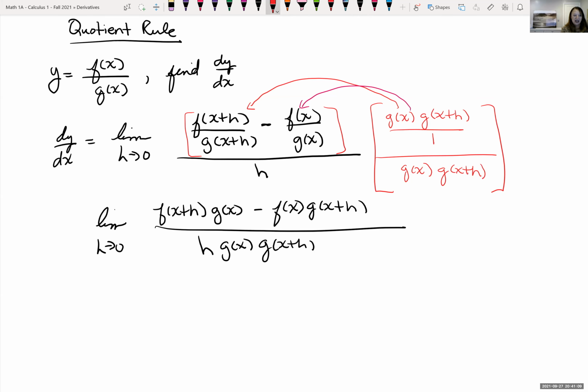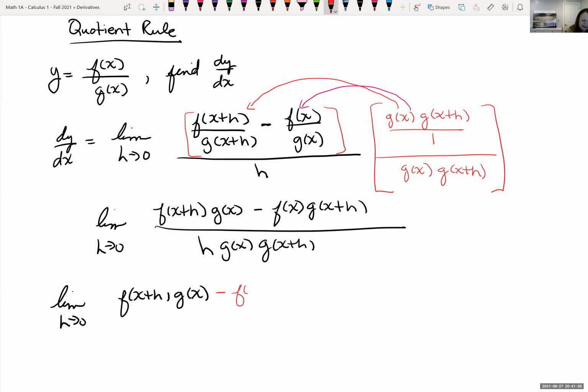Okay, so we want to add another fancy 0 in here. And the 0 that we're going to add is f of x times g of x and subtract. So doing that, I have the limit as h goes to 0 of f of x plus h times g of x.